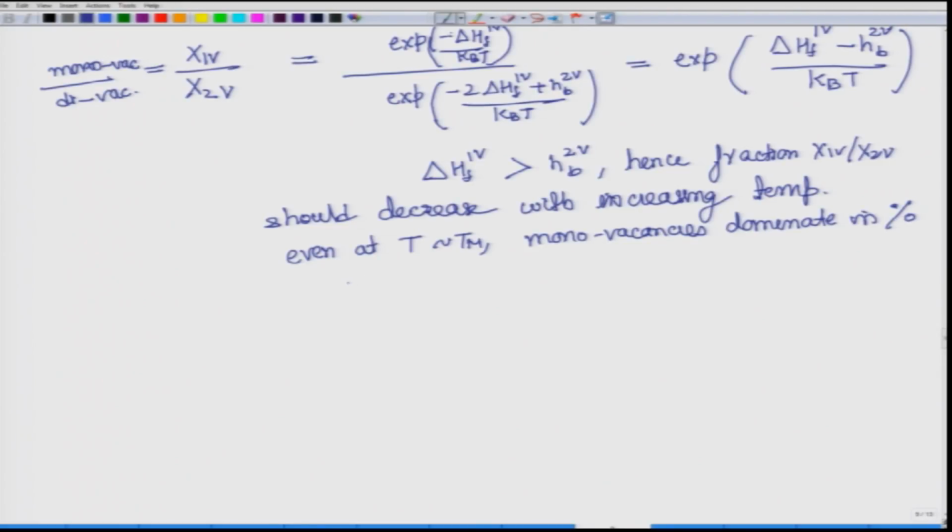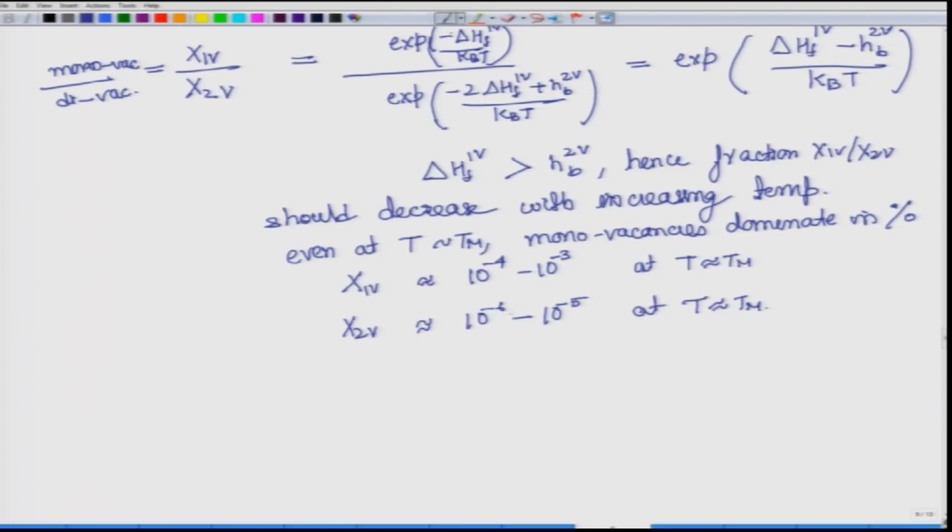To give you a rough idea, x1V would be of the order of 10 to the power minus 4 to 10 to the power minus 3 at T just a little less than Tm, because we are not going into the liquid state, and the di-vacancy concentration would be of the order of 10 to the power minus 6 to 10 to the power minus 5 at T approximately equal to Tm.